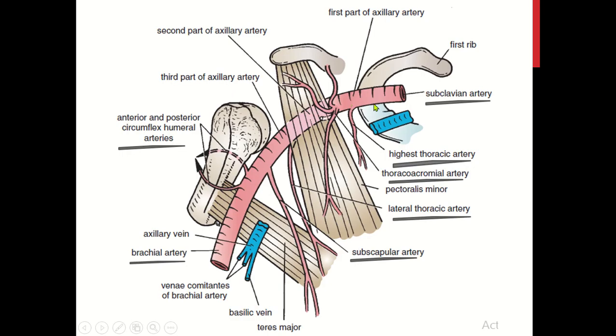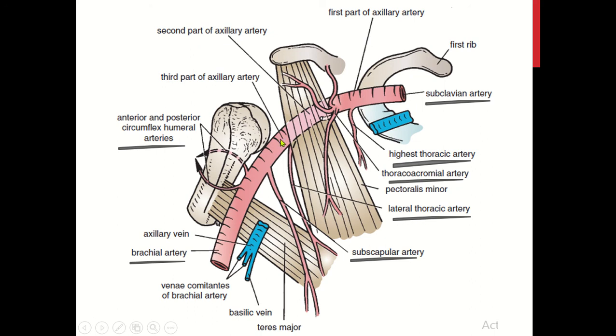So in this diagram we can see the subclavian artery continues as axillary artery. This is the first part of axillary artery and it gives highest thoracic artery, one branch, and the second part of axillary artery gives thoracoacromial artery and the lateral thoracic artery.